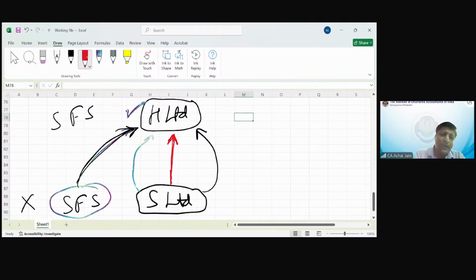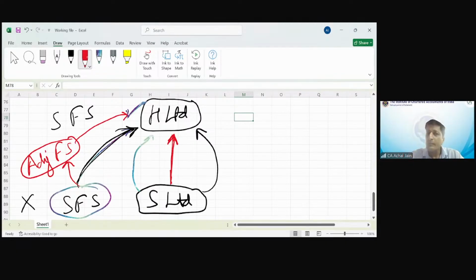Yeah. So now what S Limited will do is S Limited may require some adjustments in the standalone, or you can say separate financial statement. So let me just call it the adjusted financial statements of S. So this will go to H. But please remember, S Limited is not providing the information to the parent auditor. Let's suppose the parent auditor over here is PQR and company, and the component auditor over here is, say, A and company.